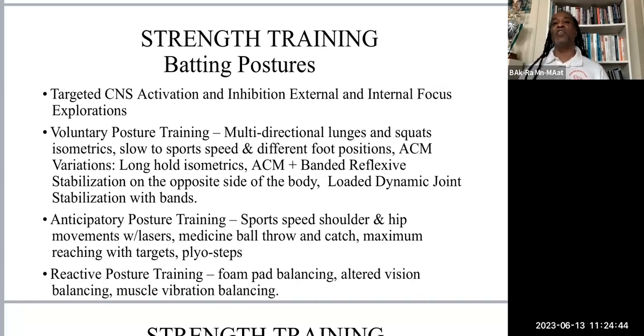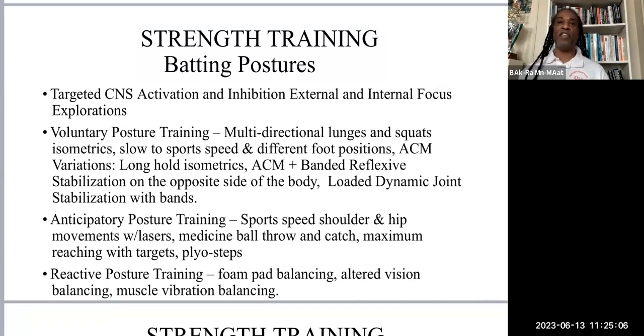Anticipatory posture, that's the movement that we would make in anticipation of some kind of movement that we are engaging in. And then reactive posture, that is involuntary. That's not conscious, that's reflexive.